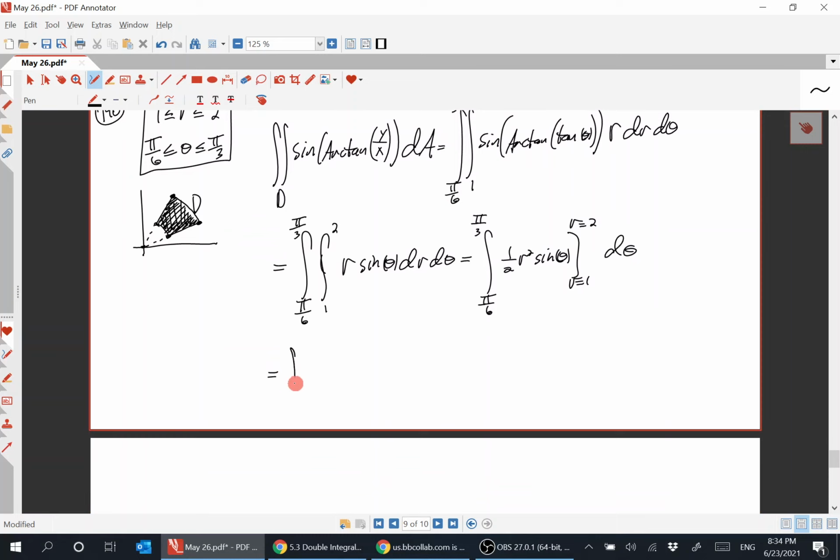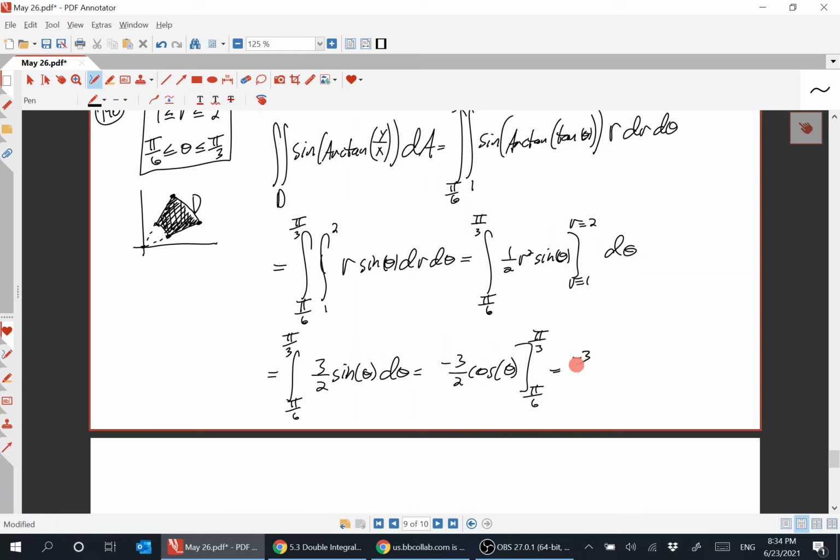So it's equal to the integral from pi over 6 to pi over 3. So 4 over 2 is 2, 2 minus 1/2, so it's 3/2 sine of theta d theta. Antiderivative of sine is minus cosine from pi over 6 to pi over 3.